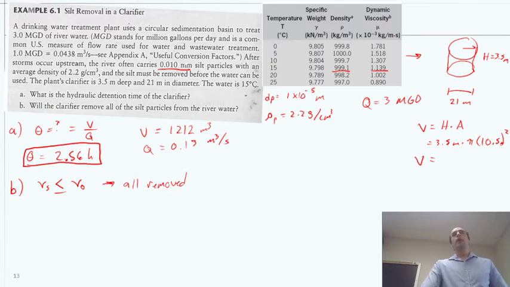If we calculate V naught, given the parameters that we know, and compare that to a sedimentation velocity that we calculate based on the particles, right? So this Vs, like I said last time, is coming from the particles based on the physics, and the V naught relates to the reactor.